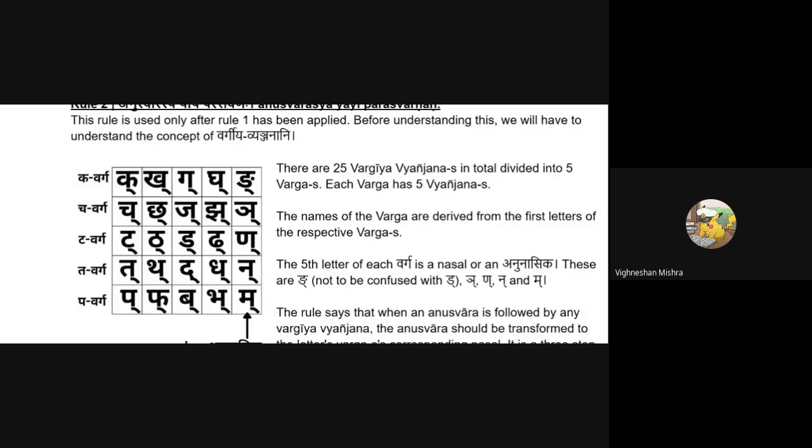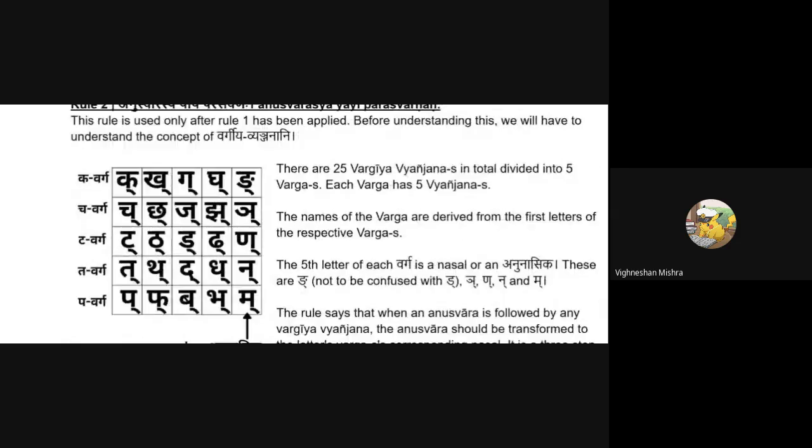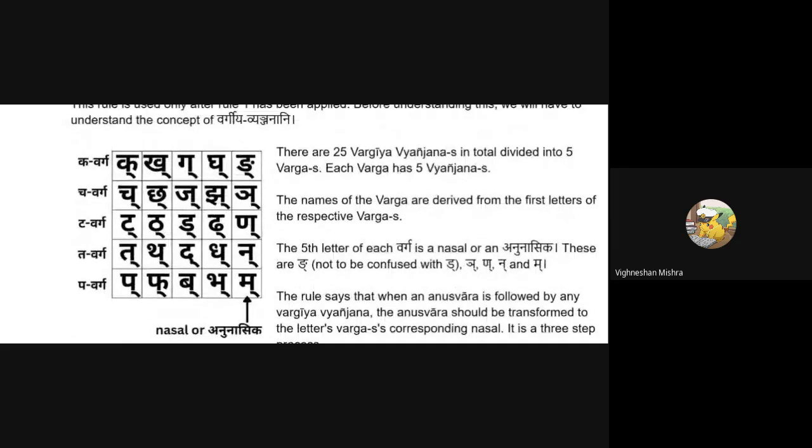The names of the Varga are derived from the first letter of the respective Vargas. The fifth letter of each Varga forms a column which we can call Anunasika. This whole column can be called Anunasika. You can see it is this column.